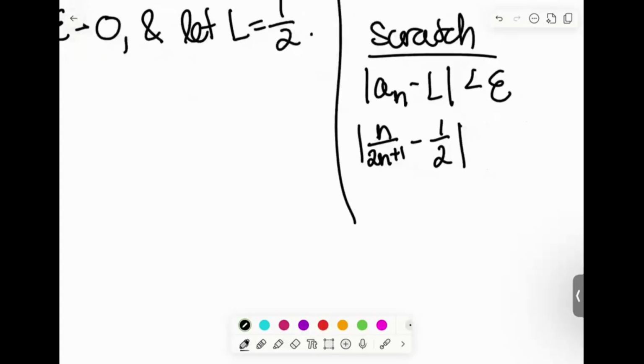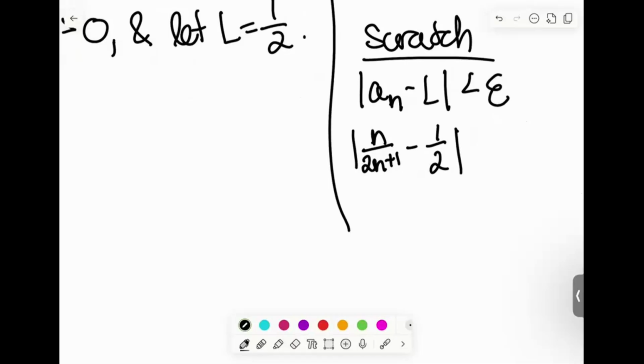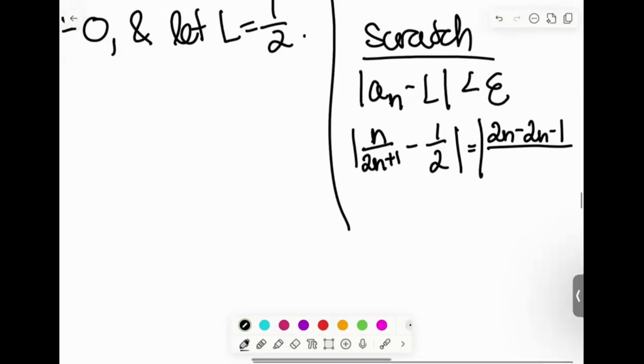But in order to talk about this thing, we're going to want to give them common denominators. So what do we get? We get 2n minus 2n minus 1, because you've got to remember to distribute the negative, over 4n plus 2. Did I do that right? I believe so.